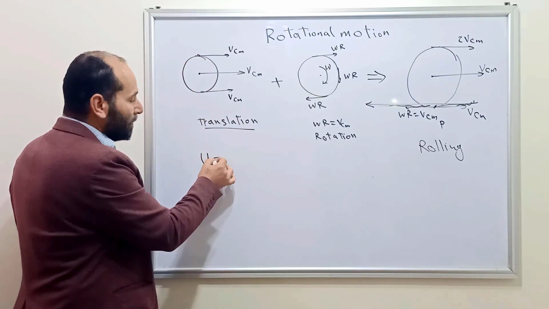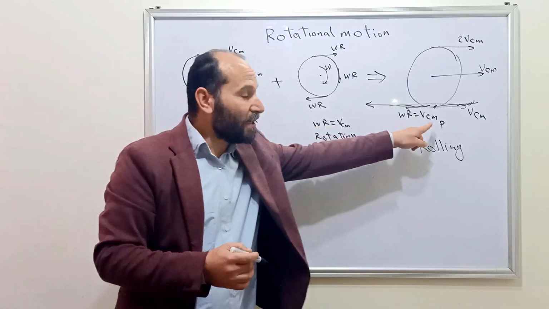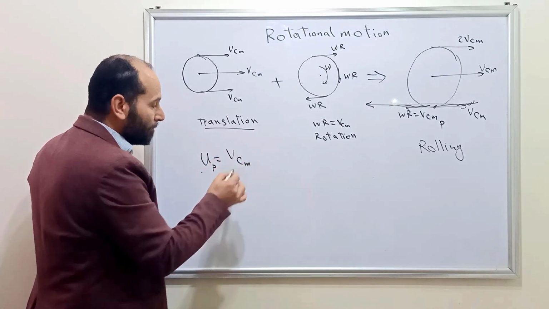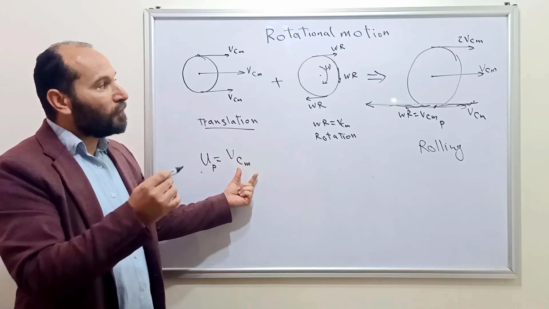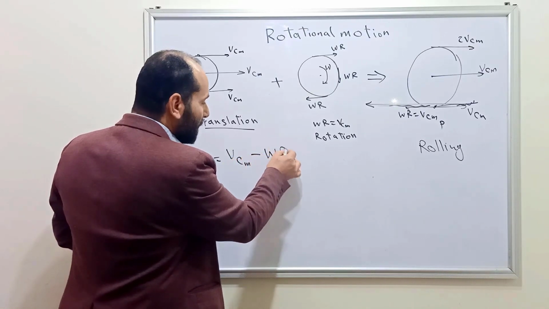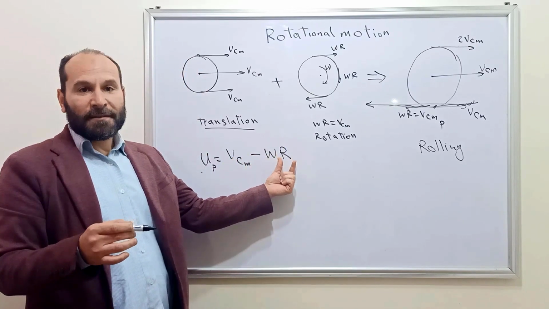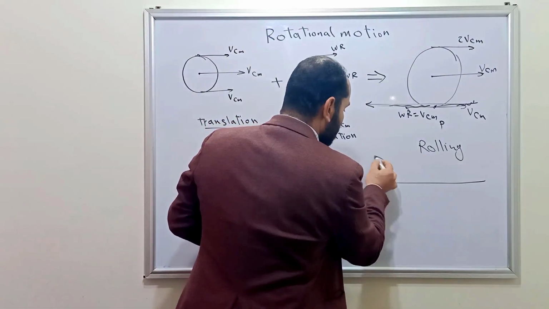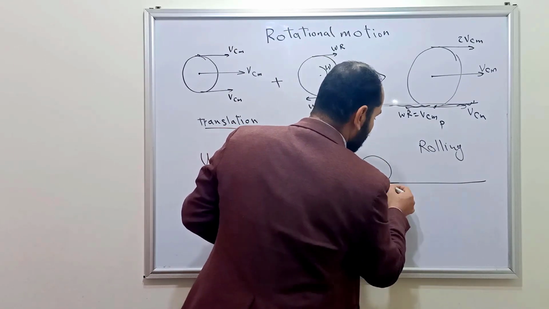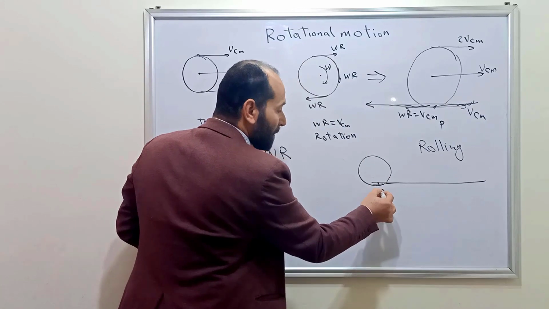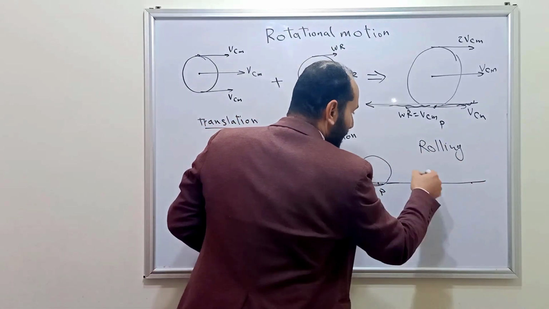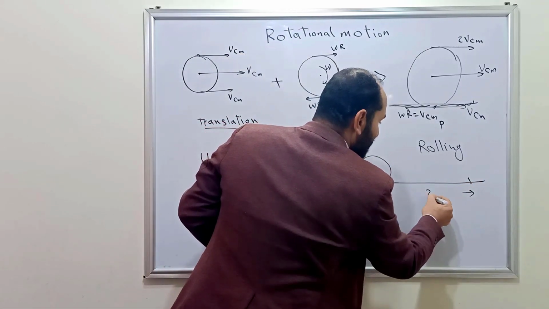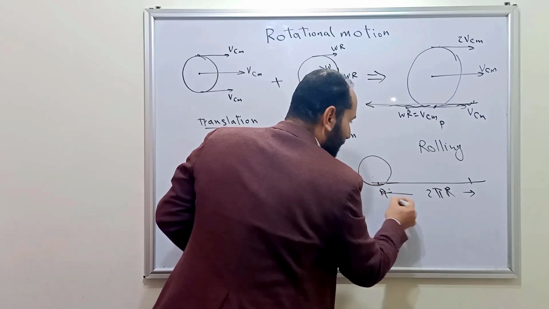So the velocity of the point P, U of P, equals VCM, the velocity of the center of mass of the circle, minus omega r, the angular velocity times the radius of the circle. In pure rolling, if B reaches here another time after a complete rolling, it takes the distance 2 pi r from B here to here.